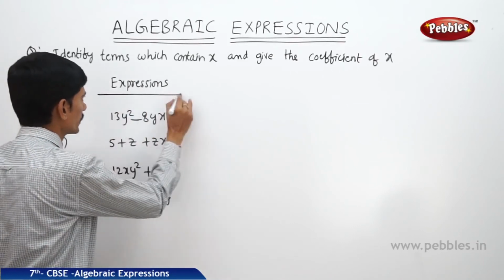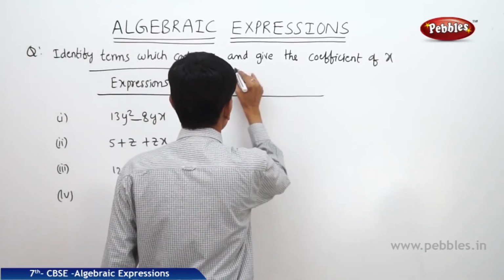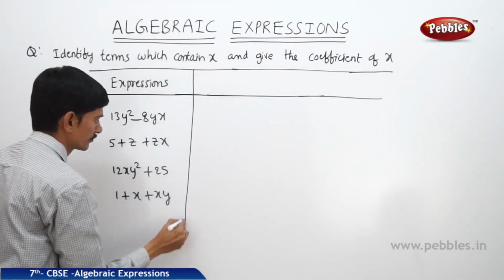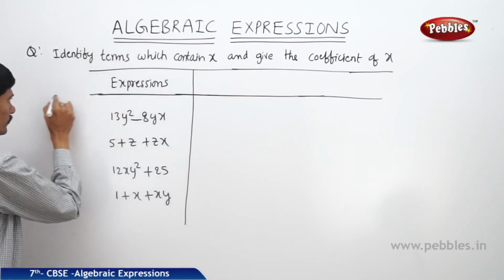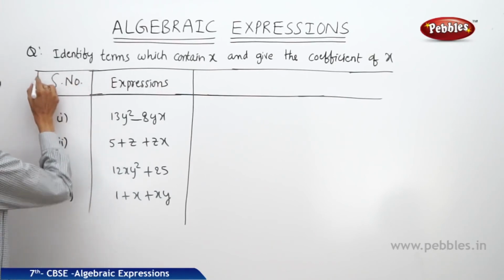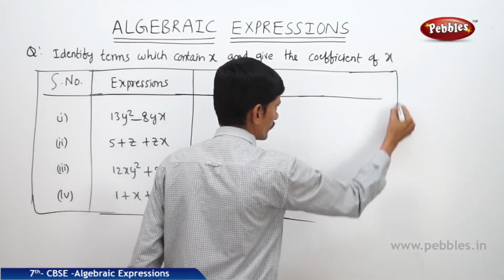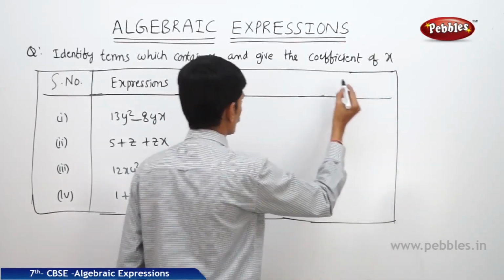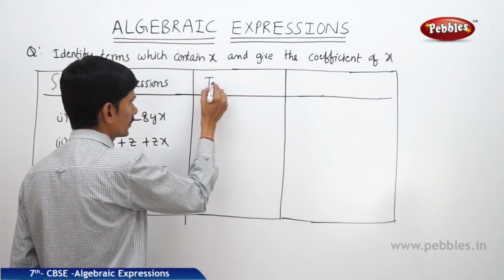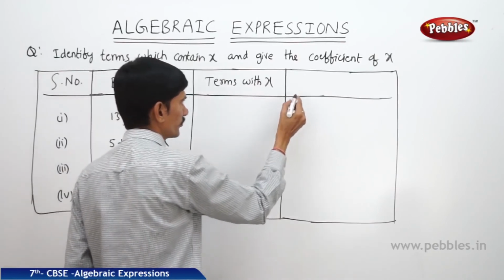So the first column will take expressions, the second column will take terms with x, and the third column we will take coefficient of x.